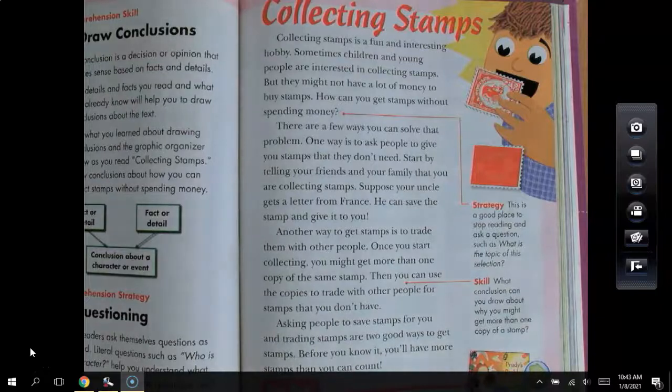So boys and girls, after reading the entire passage, was our conclusion correct? Did they tell us ways how we can get stamps without spending money? Absolutely. They gave us a few ways on how to get stamps without spending money.